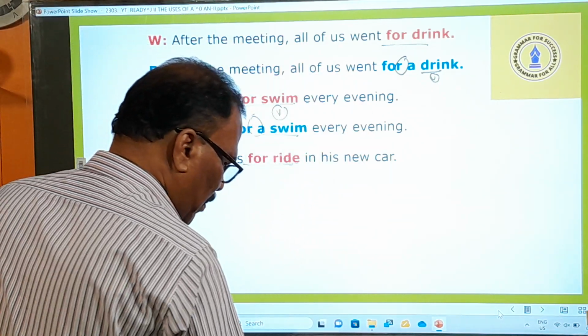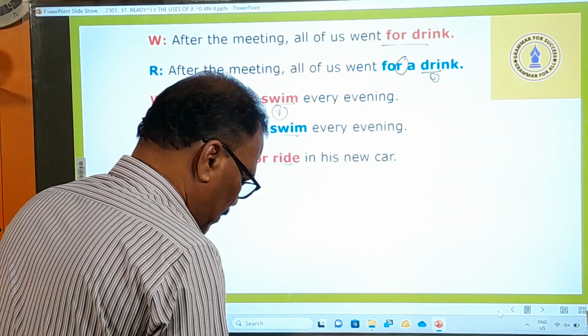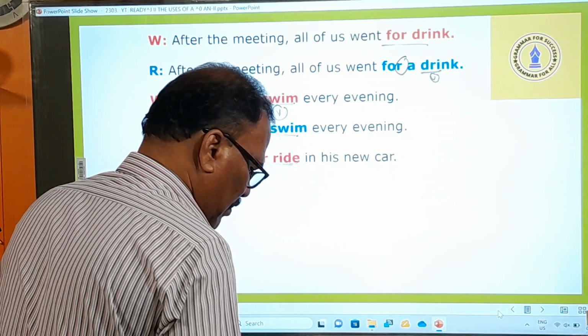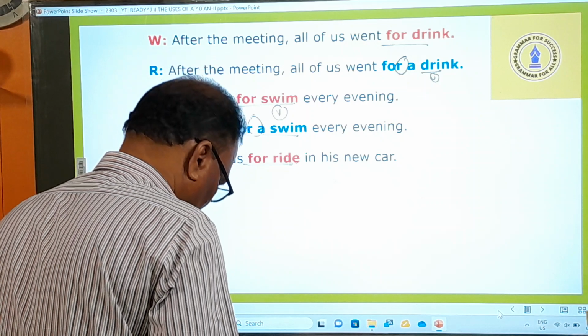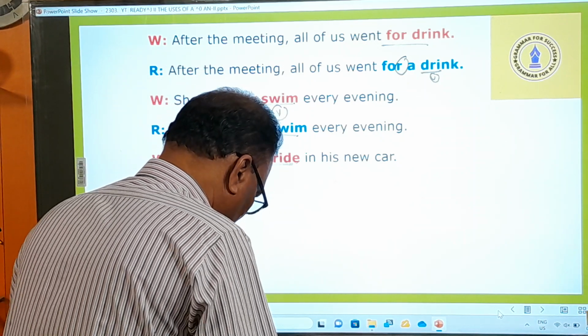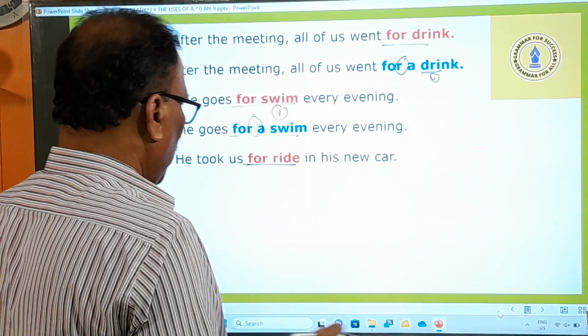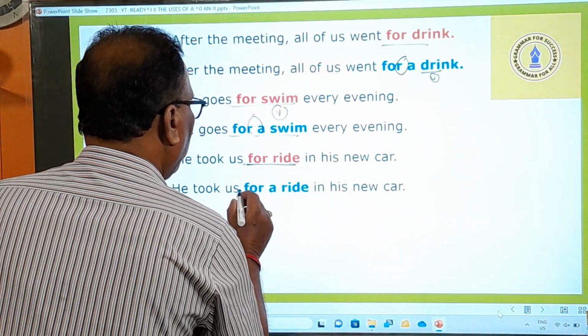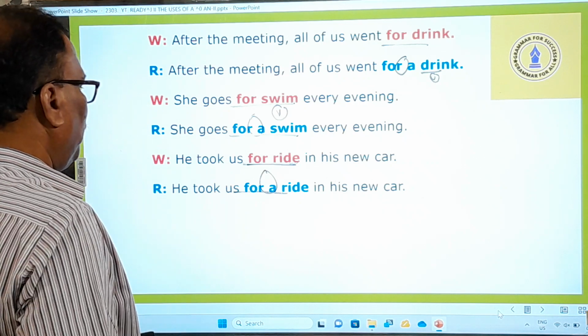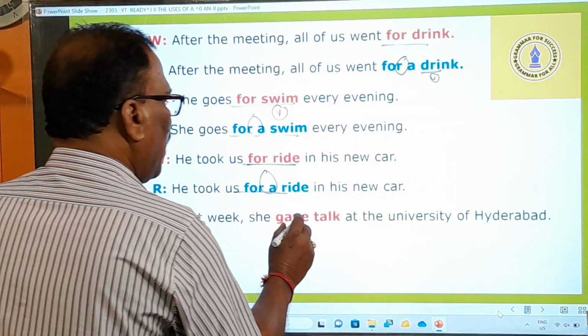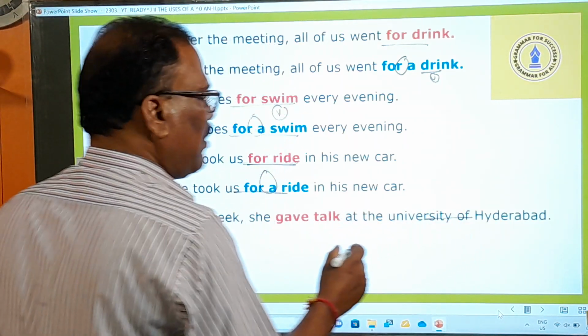In the examination, it will be given like this. So here you see that it should be "for a ride." And last, "Last week she gave talk at the University of Hyderabad."